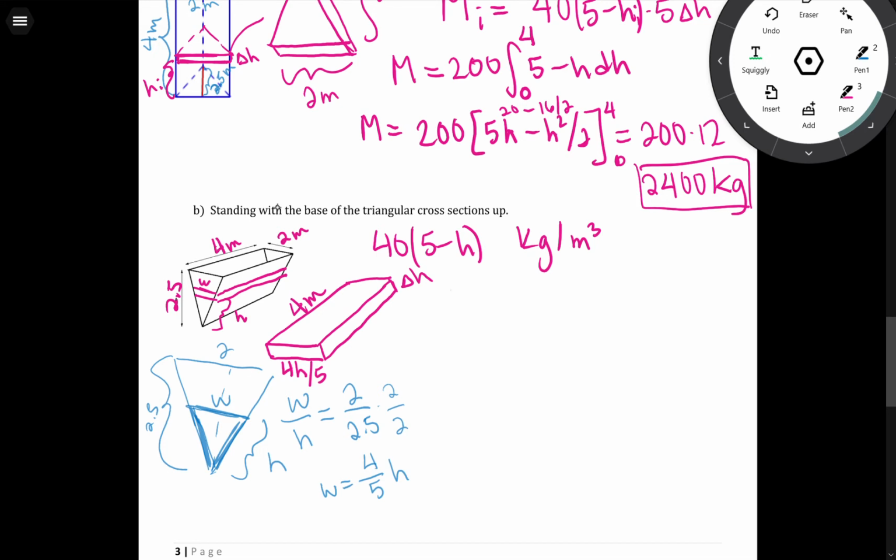Okay, so the volume of our slice is going to be length times width times height, and that's going to be cubic meters. So we're going to get 16/5 h delta h.